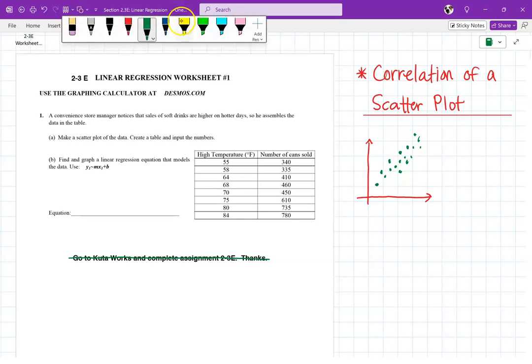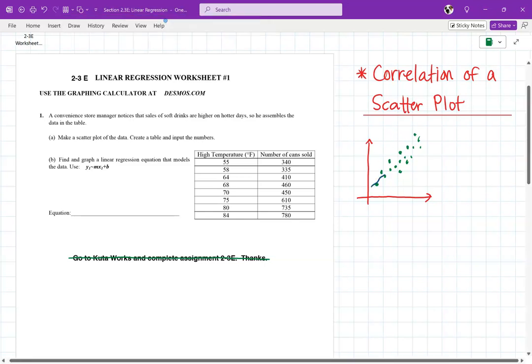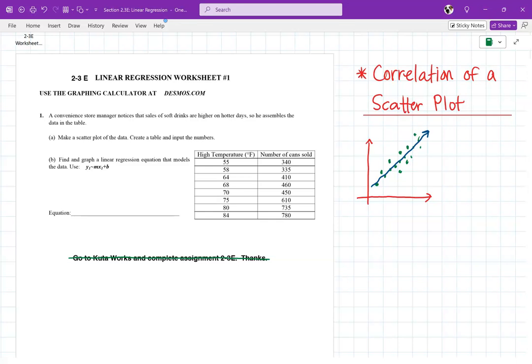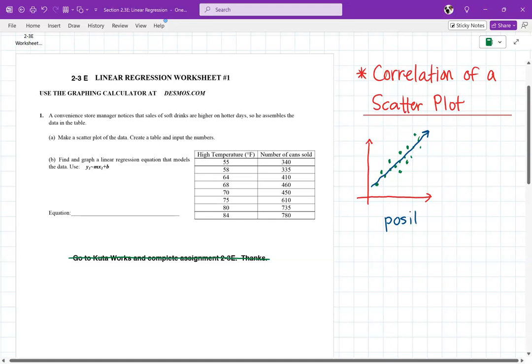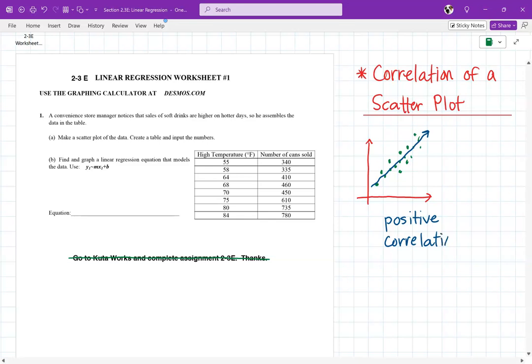But I would say that they kind of are trending upwards, right? They kind of look like they're moving that way. So if the points look like they're trending up, we call it a positive correlation. That means that the information is trending up. So a good example, this would be like gas prices since the year 2005. Slowly they keep rising and rising and rising. So that would be a positive correlation.